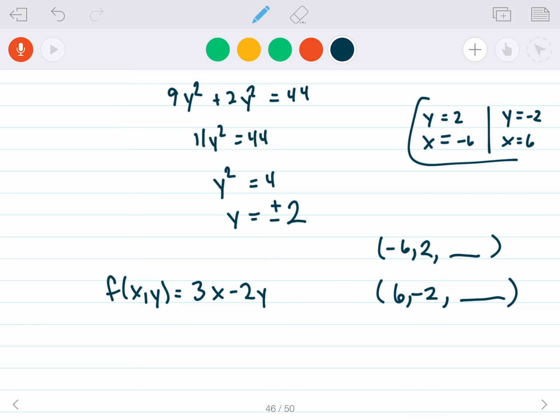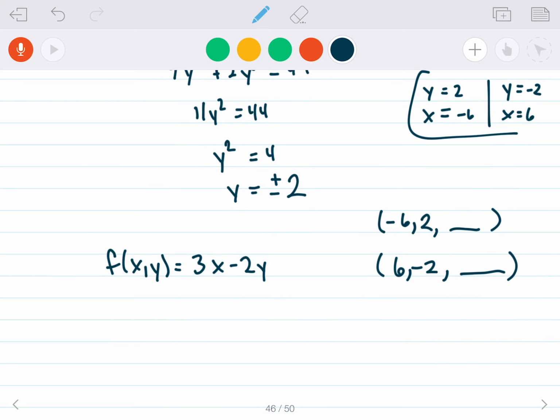If I plug in negative 6, 2, I get 3 times negative 6 minus 2 times 2, negative 18 minus 4, which is negative 22.